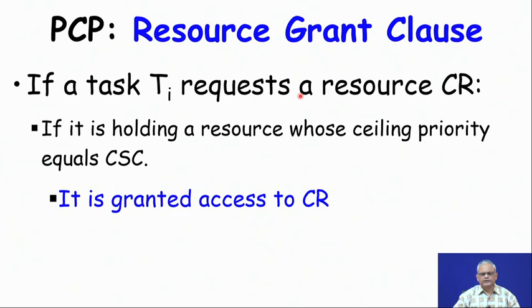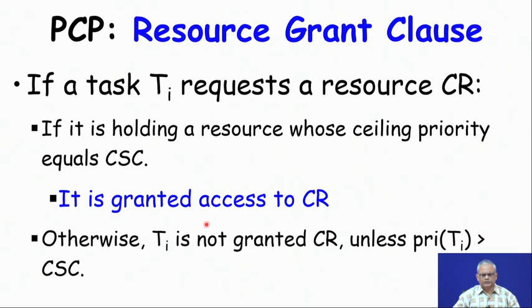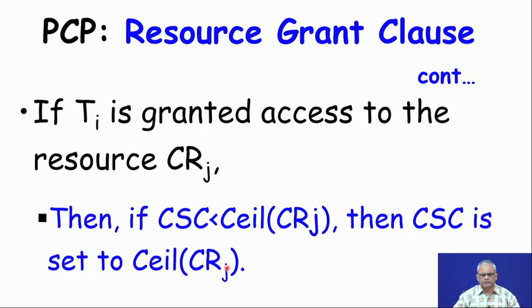But even if its priority is not greater than the current system ceiling, if it is holding any resource whose ceiling priority is equal to the CSC, then also it is granted access to CR. Otherwise, it is not granted access to the resource and it blocks.